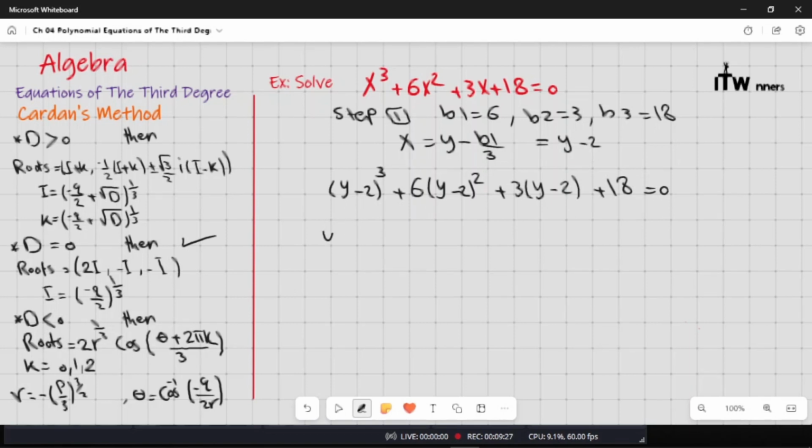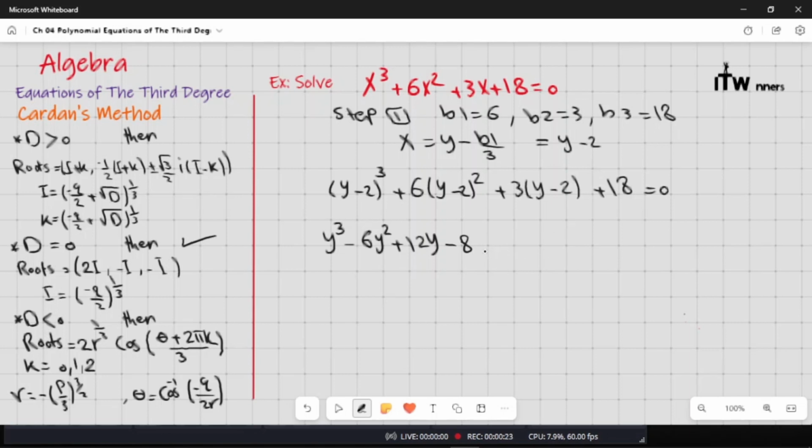Here we have y cubed minus 6y squared plus 12y minus 8. If we don't know how to expand this bracket, just take a look at our binomial theorem lectures.